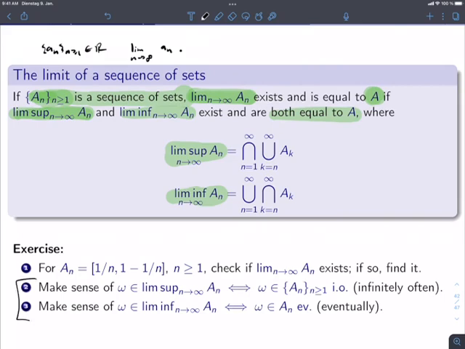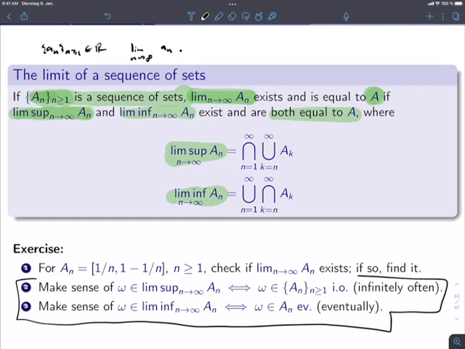I want to come right down here and try to make some sense of these definitions of lim sup and lim inf, or at least give some interpretations of them.